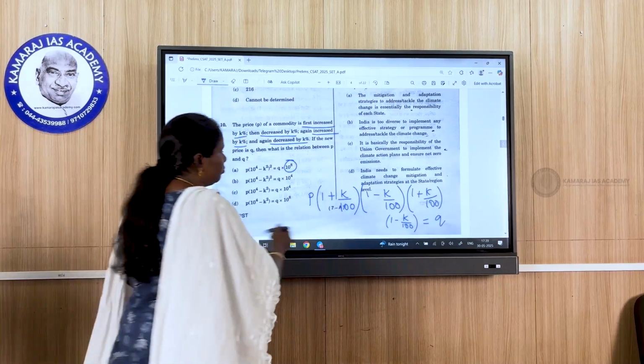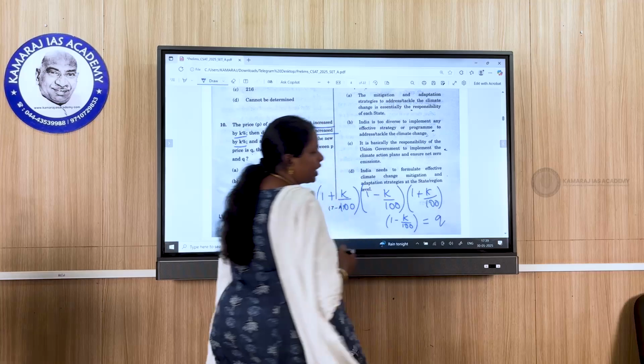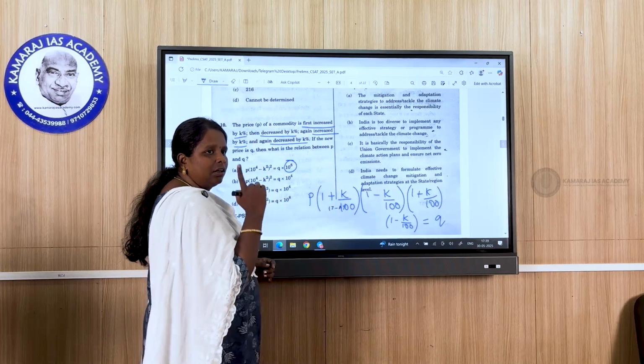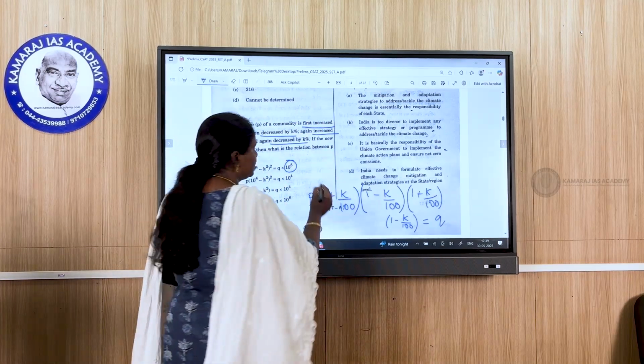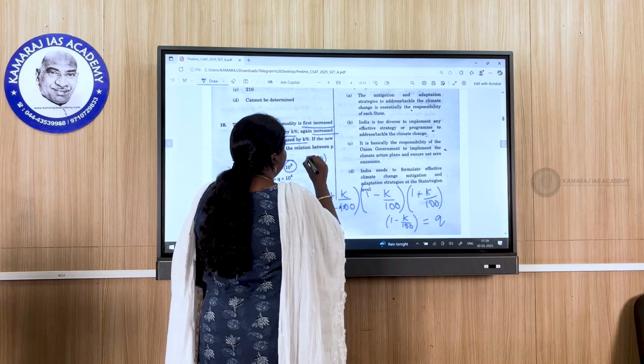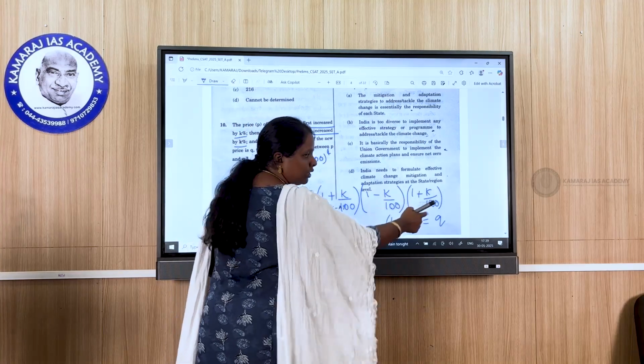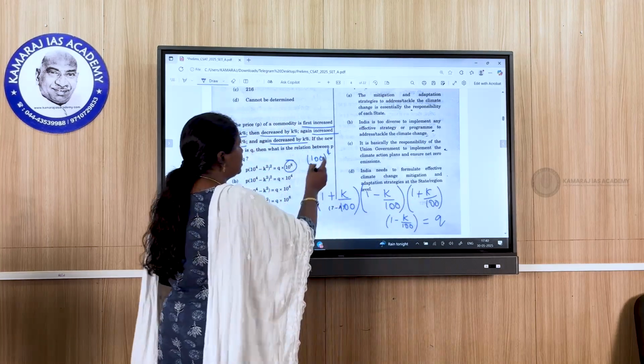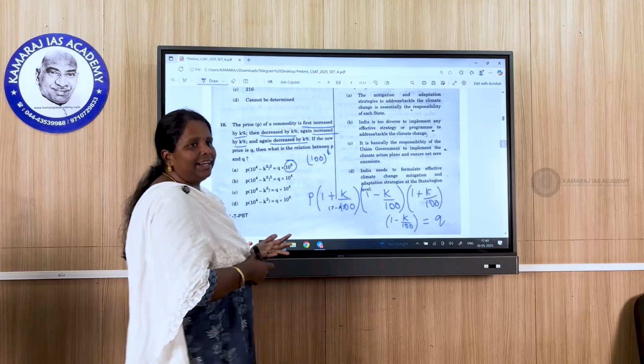If I am moving this to the RHS, I will be getting 10 power 8, because 100 power 4 is 10 power 8, right?